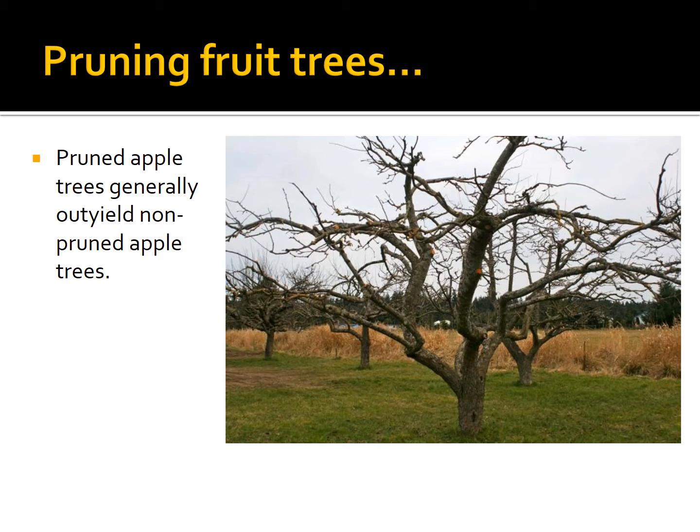Fruit trees also need plenty of light, and you could have an entire class on how to prune fruit trees, but they've discovered that pruned apple trees, or fruit trees in general, outyield non-pruned fruit trees. In general, what you want to do with fruit trees is open up the center of the trees so that you can get light into the center.